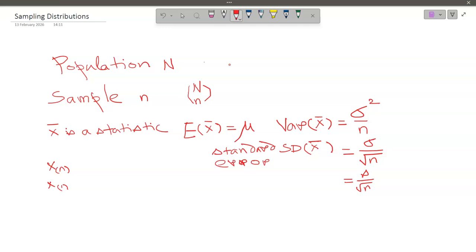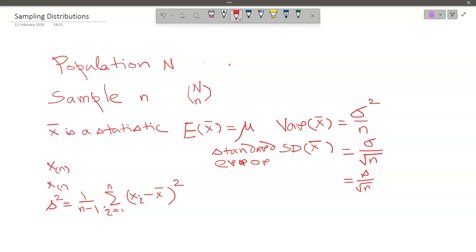And there is another statistic which is known as S square, equal to 1 by n minus 1 summation i equal to 1 to n of xi minus x bar, whole square.